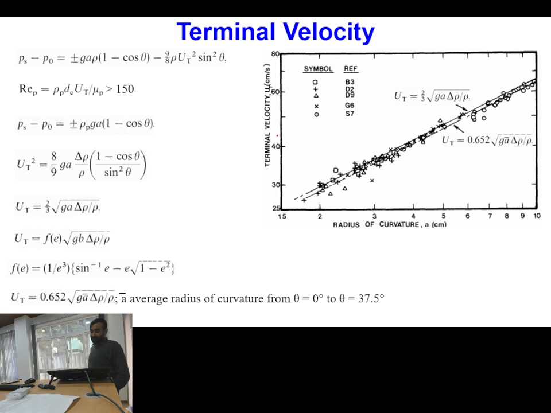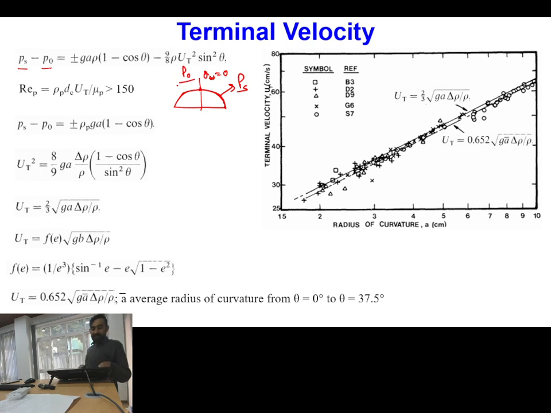And if you talk about the terminal velocity of the spherical cap bubble, first what is done is the balance of pressure. If you have this bubble, then any value of pressure measured at the surface of the bubble is called surface pressure Ps. And the value of pressure measured corresponding to theta equal to 0, wake angle equal to 0, whatever the value is, that is called P naught.